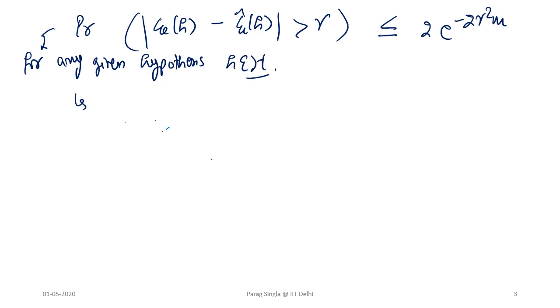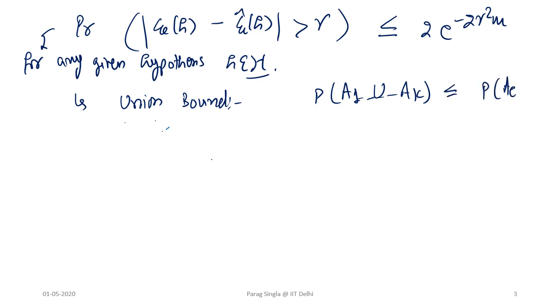And then we use what is referred to as the union bound. And remember what the union bound was? The probability of the union of A1 up to Ak, where each of these is an event, is less than or equal to the sum of the probabilities of each of these events.